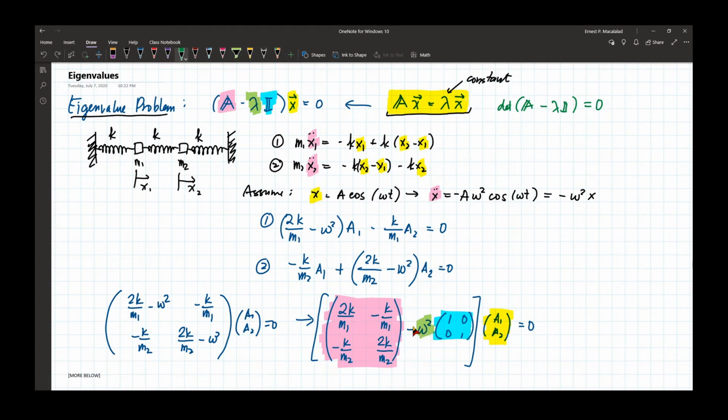Okay, so the solution to omega will now be equal to, so this is omega.